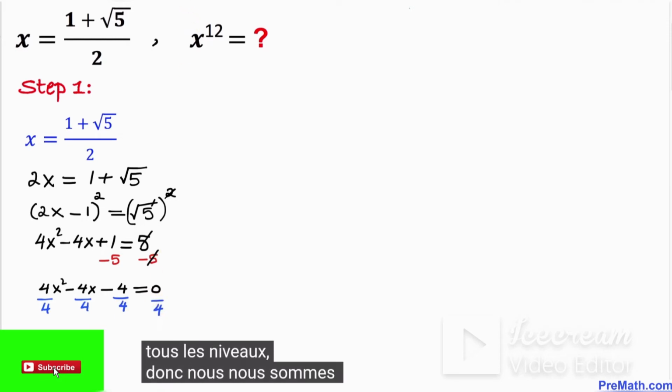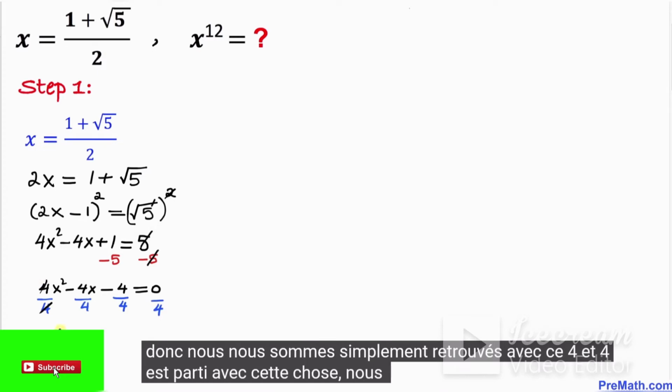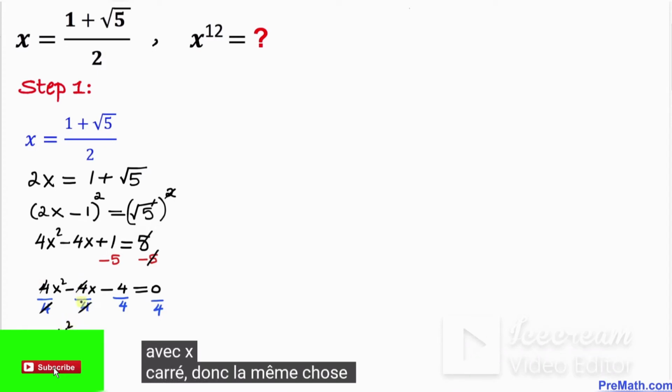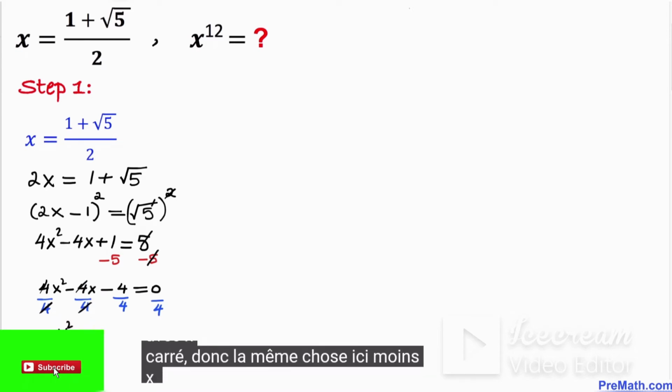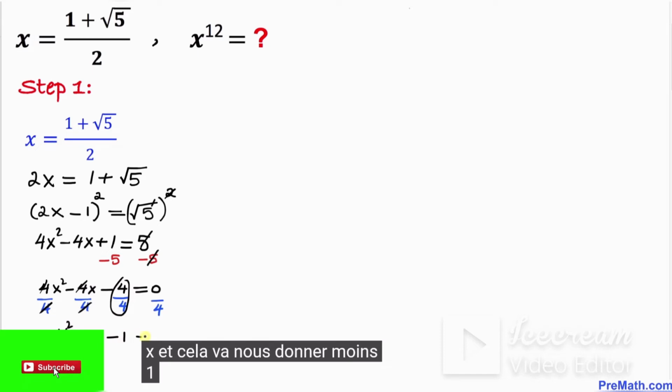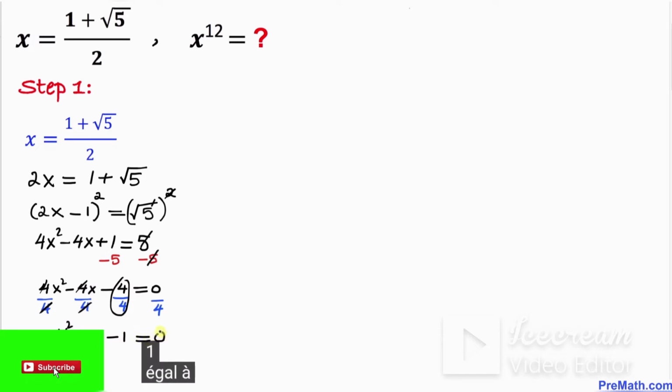We simply ended up with x square, and the same thing over here, negative x, and that gives us negative 1 equals 0.